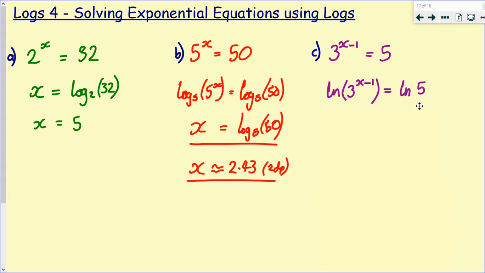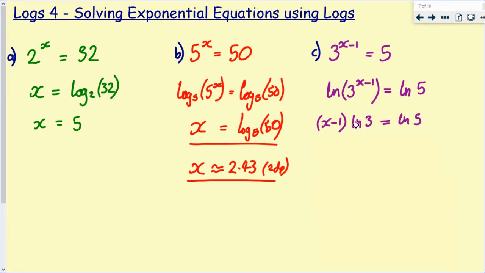And now we're going to use our rules of logarithms, the log laws, to be able to rearrange and solve this equation. Notice here we've got logarithm of, or ln, 3 to the power of something. So let's use the power rule to take that power and multiply it in the front of the logarithm. So we're going to get x minus 1 times ln of 3. The right-hand side hasn't changed.